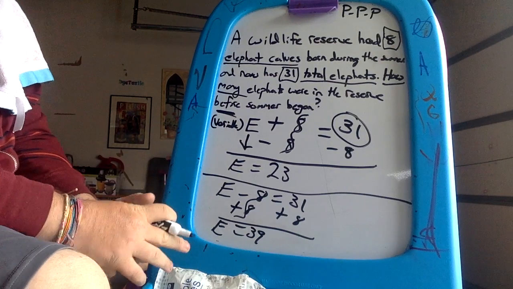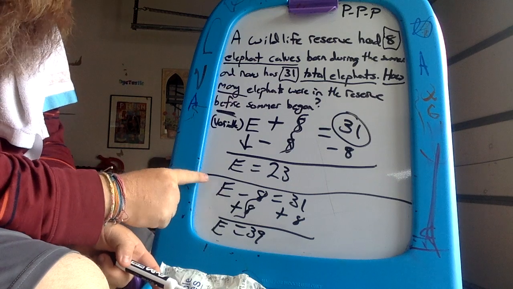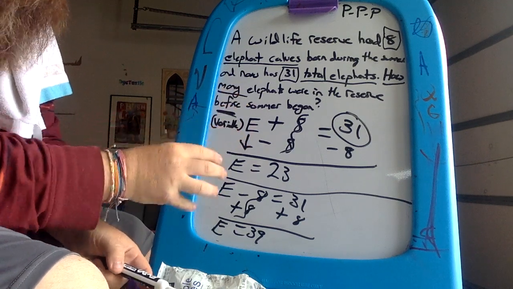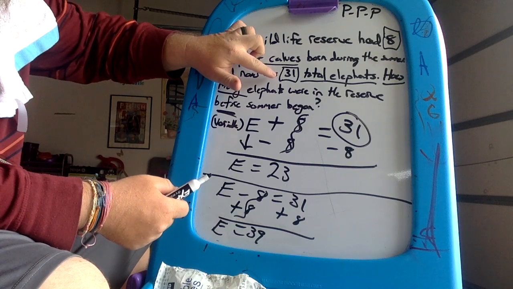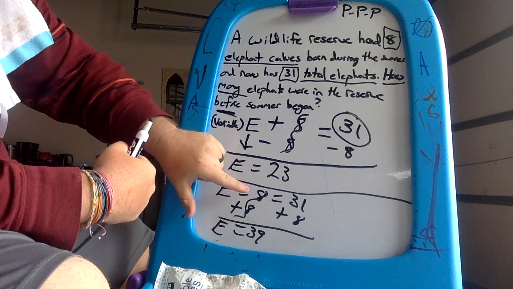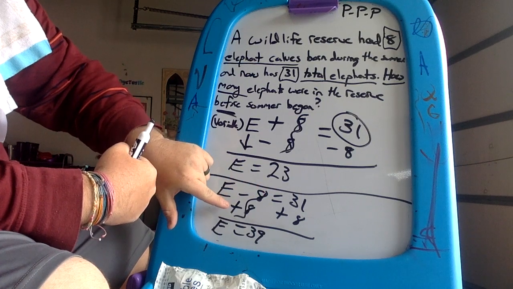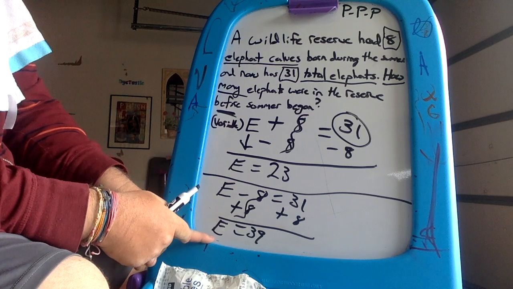So now let's take a look. Okay. This is a good thing too that you guys can work. Maybe do both. Maybe that's going to help you guys understand. We know the answer is saying it has to be a total of 31 elephants, and if we did E minus 8 equals 31, and we did the opposite of both sides, the inverse, and got plus 8, my final answer is 39.